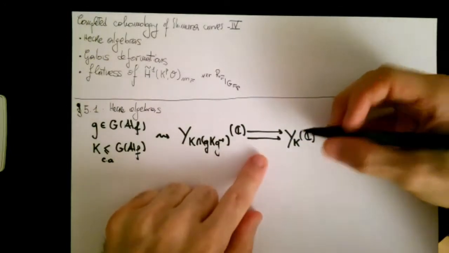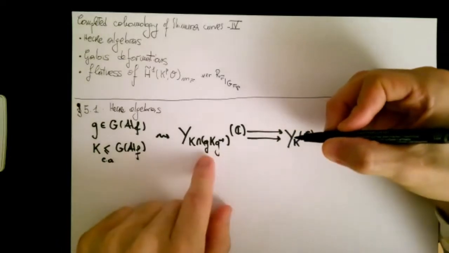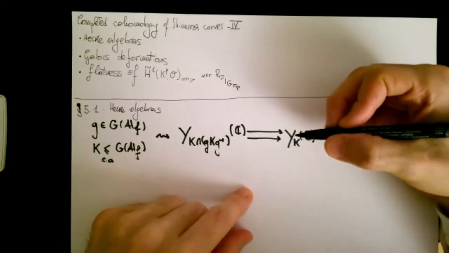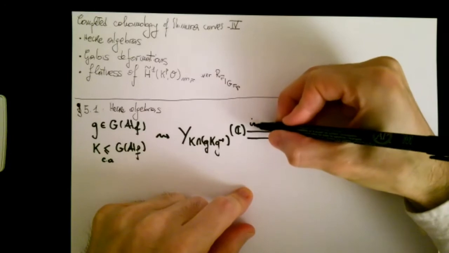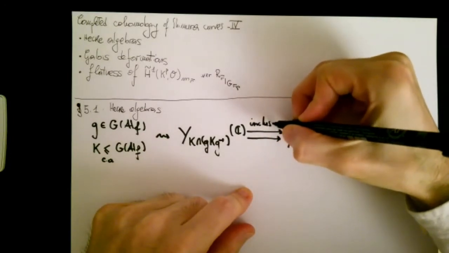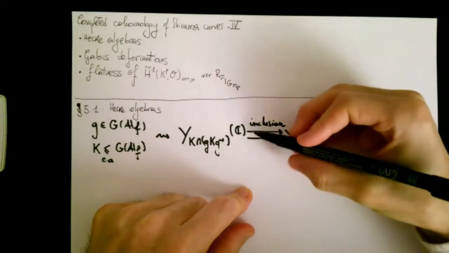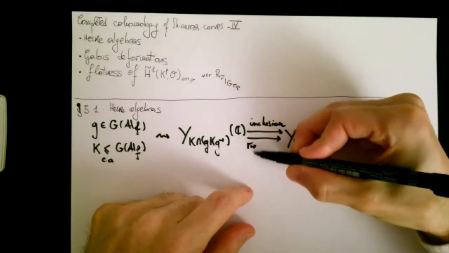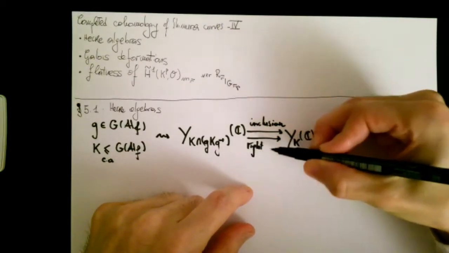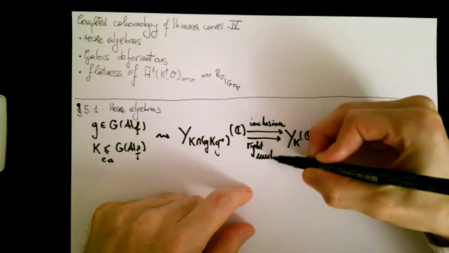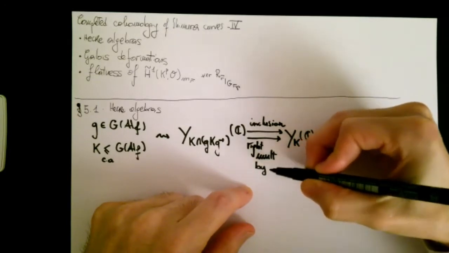It's not a priori a Galois cover; one needs some condition about the subgroup with respect to K. So here we have the inclusion, and here we have the right multiplication by g.